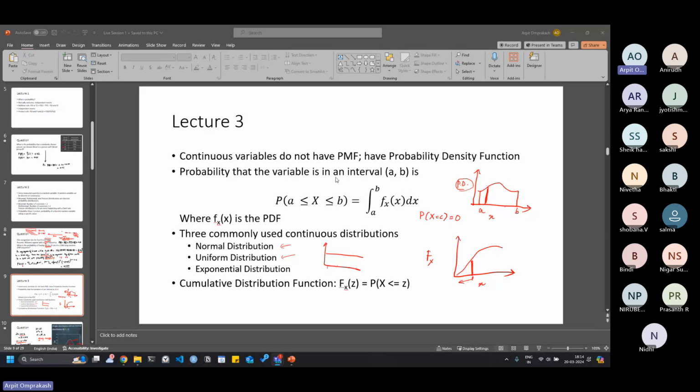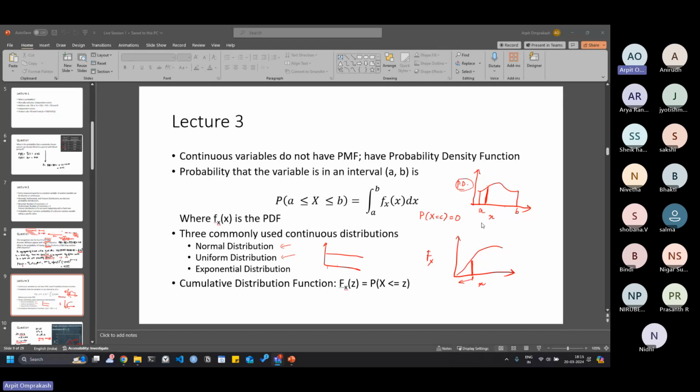Then we also learned about probability density functions for continuous functions, which is given by this formula. We talked about three commonly used continuous distributions: the uniform distribution, where the probability of everything is constant, is the same; normal distribution, which is also a Gaussian distribution; and also exponential distribution. We also talked about cumulative distribution function, which is basically the cumulative graph of increase in probability.